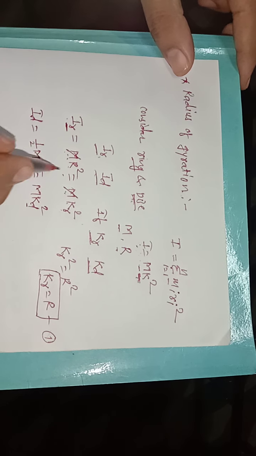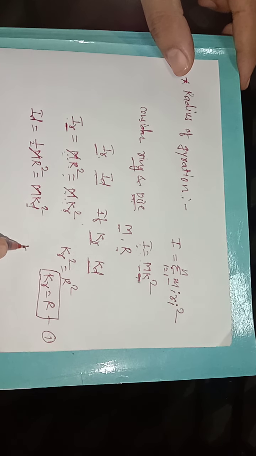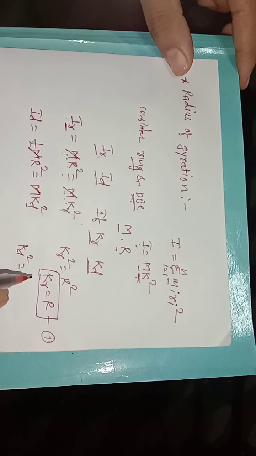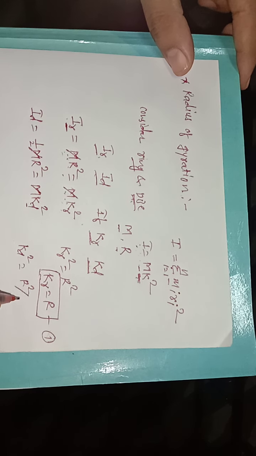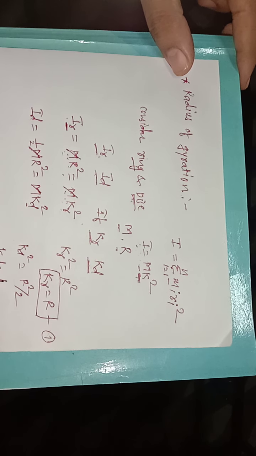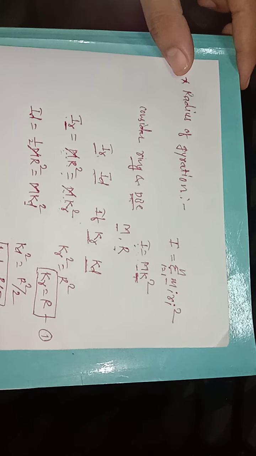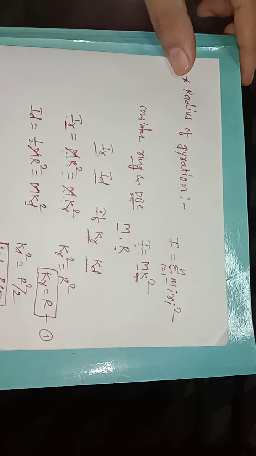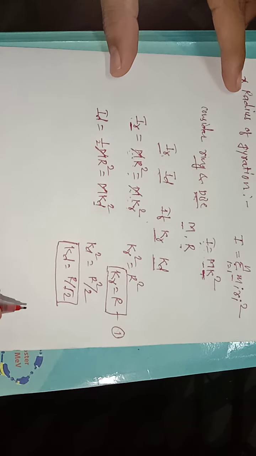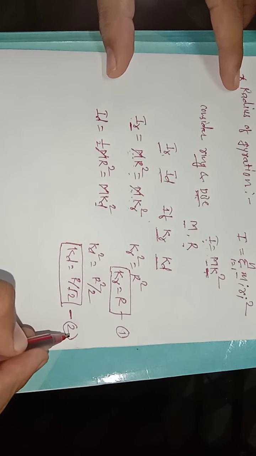Here also m cancels, and we get K_D square is equal to r square divided by 2. That means K_D is equal to R upon root 2, taking the square root of both sides. See this equation number 2.